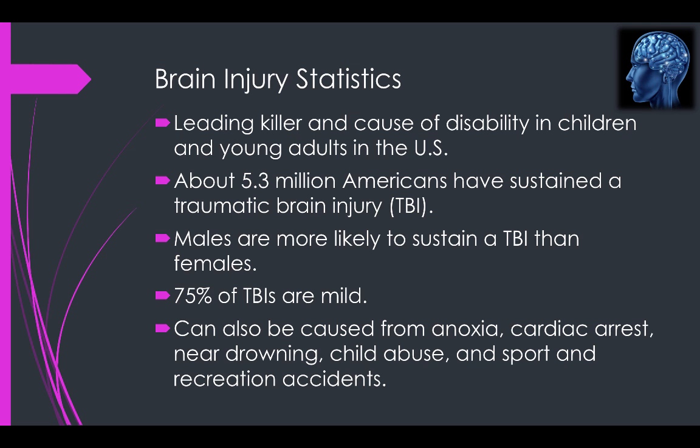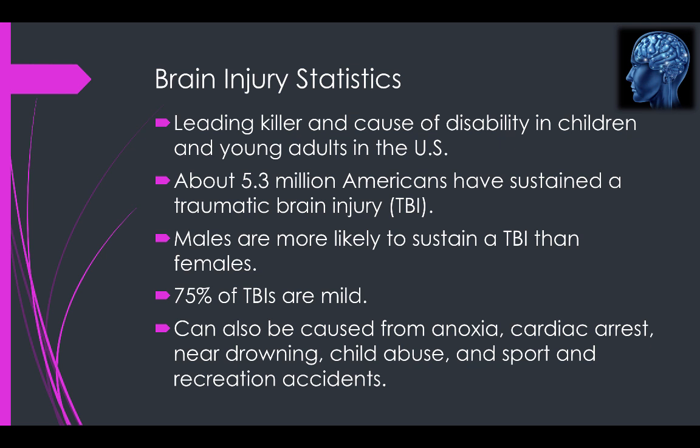So, brain injury statistics, it is one of the leading killers and causes of disability in children and young adults within the US. About 5.3 million Americans have sustained TBI. Males are more likely than females to sustain a traumatic brain injury. Approximately 75% are mild, with the remaining 25% being more severe.